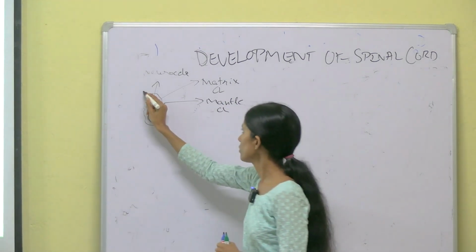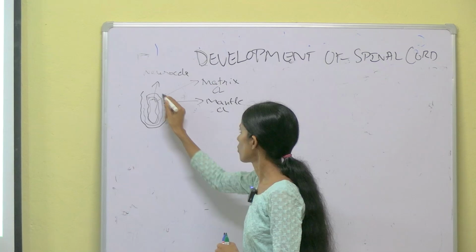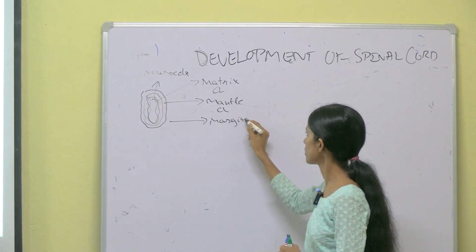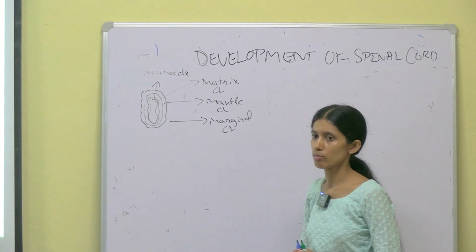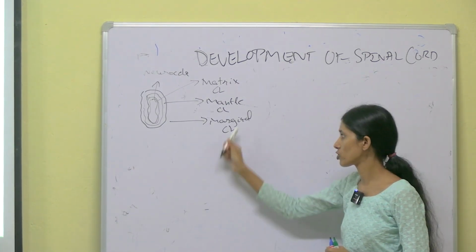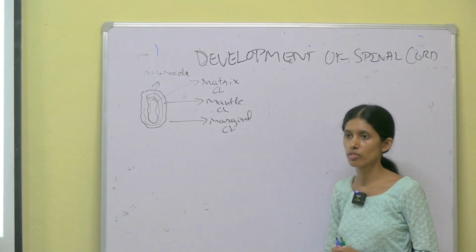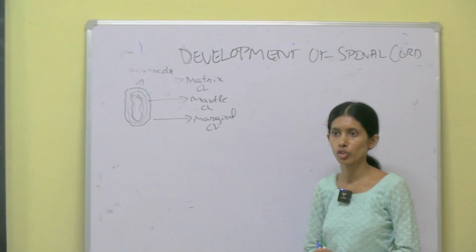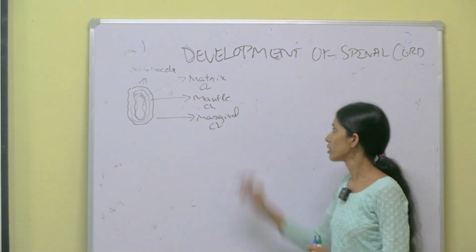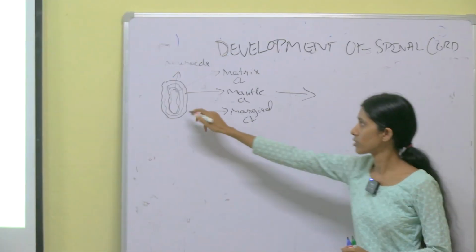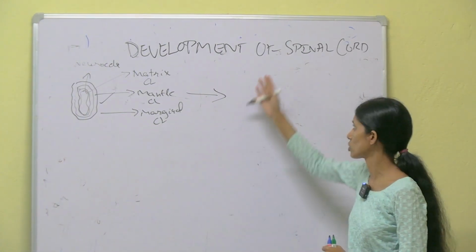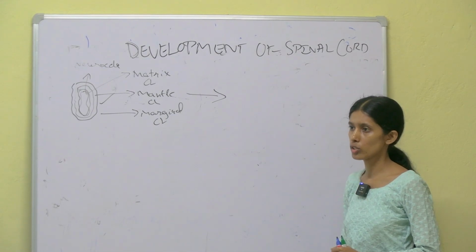Again after this we can see one more layer, that is called as marginal cell layer, and the marginal cell layer consists of axons of the neuroblast and also the matured spongioblast cells. Okay, so keeping this cell layer structure as a basic reference, we have to study the development of your spinal cord.